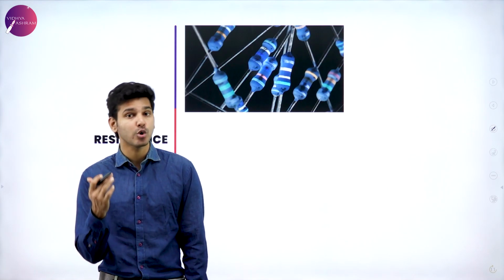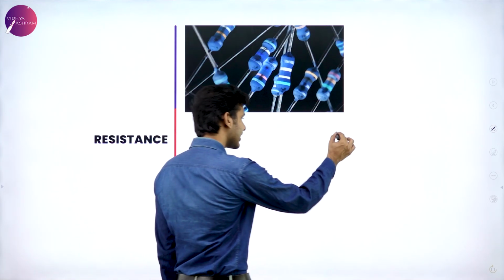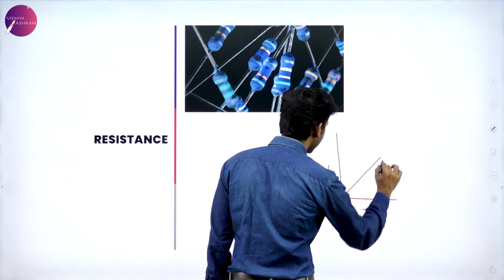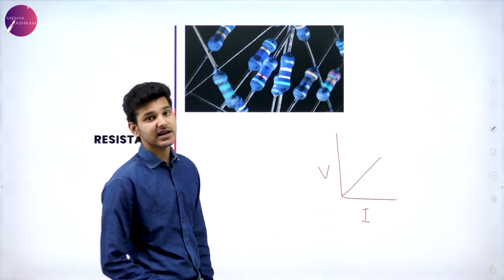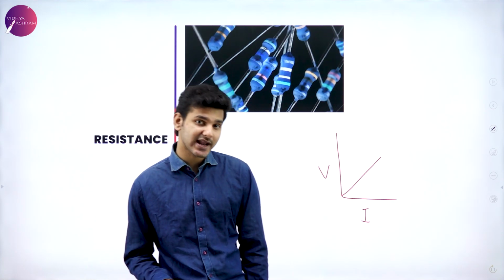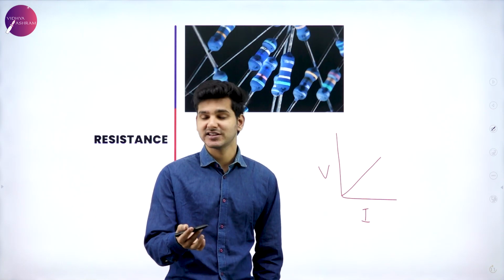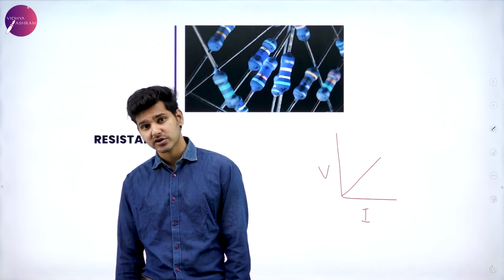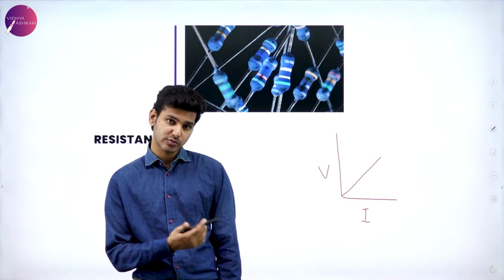It will fluctuate and Ohm's law will not hold. That particular graph which we found to be a straight line won't be a straight line anymore. Why that happens and to which materials that happens will be discussed in the coming classes. So until then, I hope you have understood everything about resistance and Ohm's law.